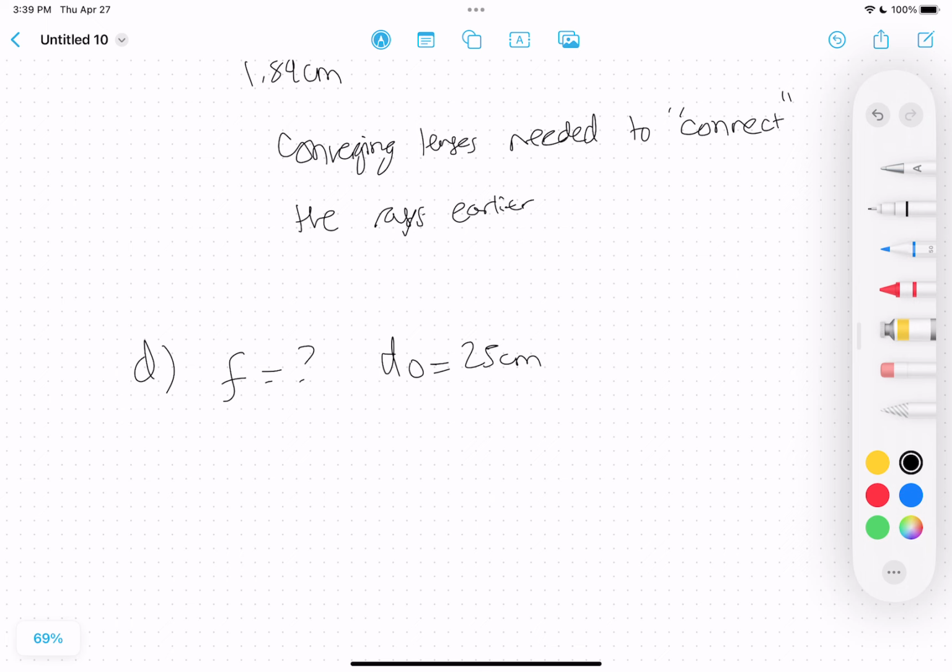Should we first calculate for the lenses first? I'm trying to think. They should create an image of the object at the near point you calculated.